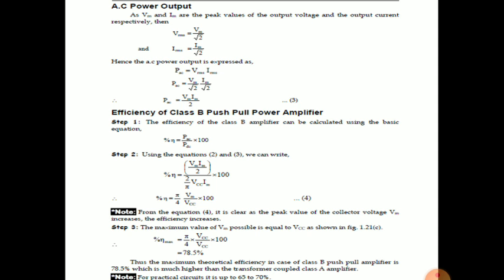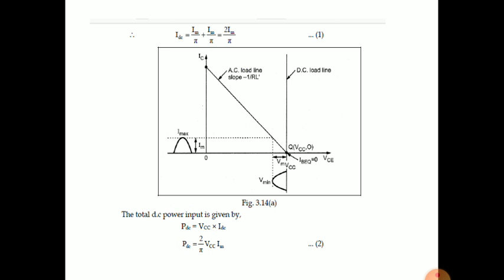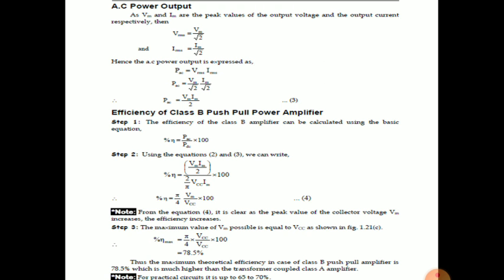Efficiency is PAC by PDC. So percentage eta is equal to Vm Im by 2 divided by PDC, that is 2 by pi VCC Im. So Im cancels, and from the mathematical adjustments we get pi by 4 into Vm by VCC into 100%.